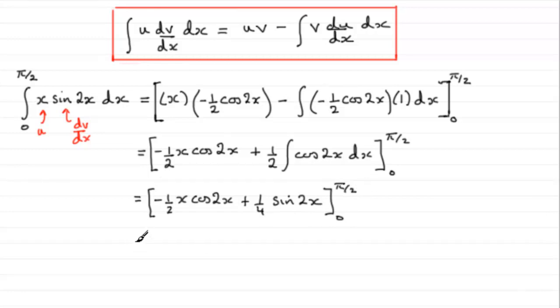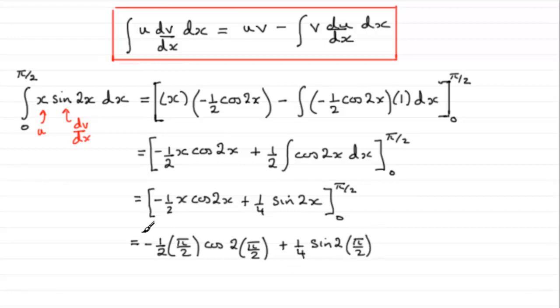So we now need to just substitute our limits in, starting with pi upon 2. So we've got minus a half of x, x being pi upon 2, multiplied by the cosine of 2x, 2 lots of pi upon 2. And then we've got plus a quarter times the sine of 2x, 2 lots of pi upon 2.